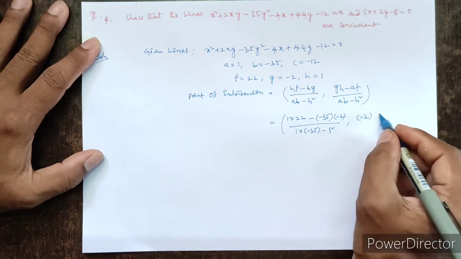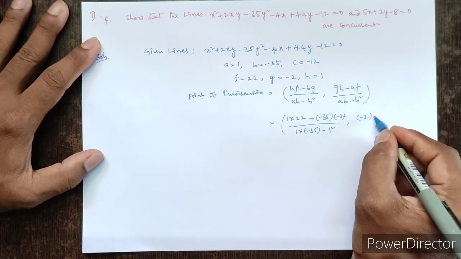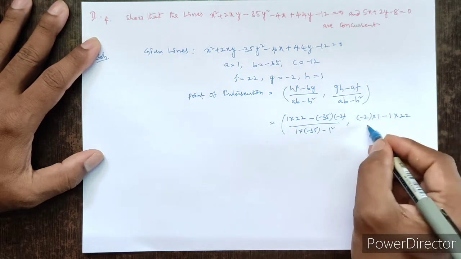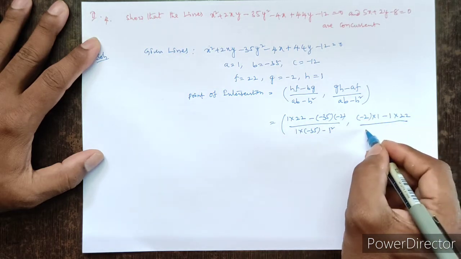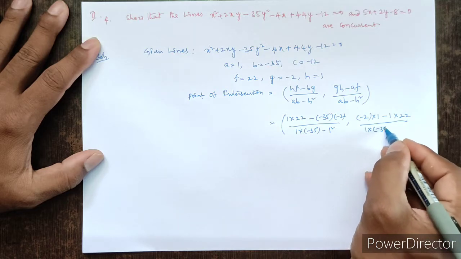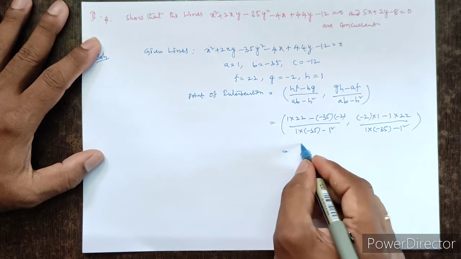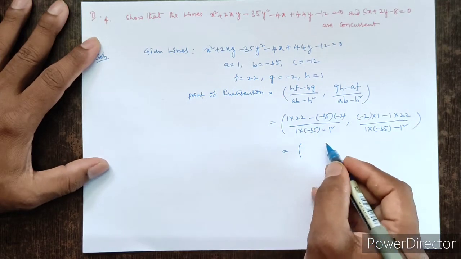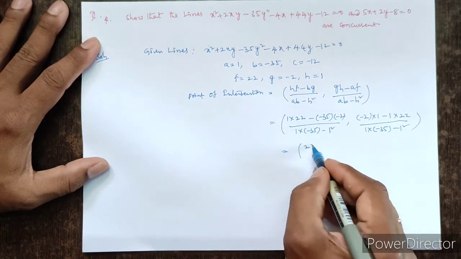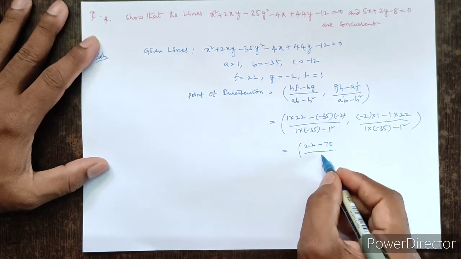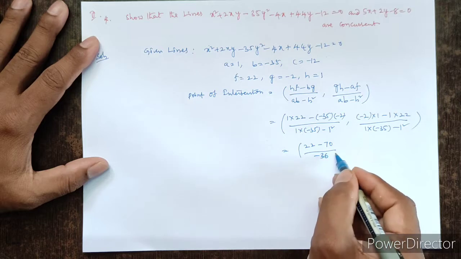G is minus 2, H is 1, A is 1, and F is 22 by 1 into minus 35 minus 1 square. So by simplifying this, this is 22, this is 70 by minus 36.